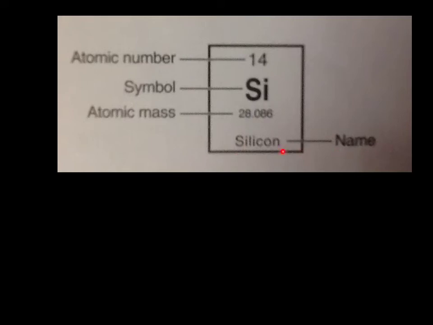This is its name at the bottom. Atomic mass is right under the symbol Si. The symbol doesn't always match what it is called, such as gold. Gold has a symbol of Au. Here, however, it's different.